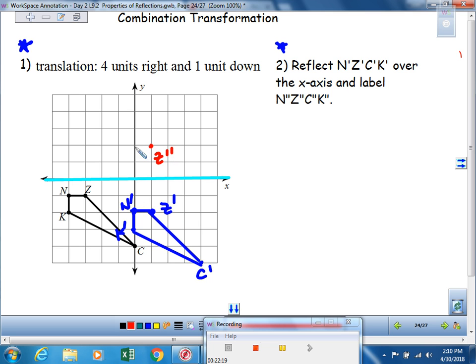N is 2 away, N double prime. K is 1, 2, 3, so 3 away, K double prime, and then C is 5 away, C double prime. And then connect the points.